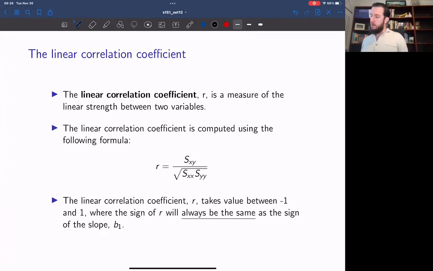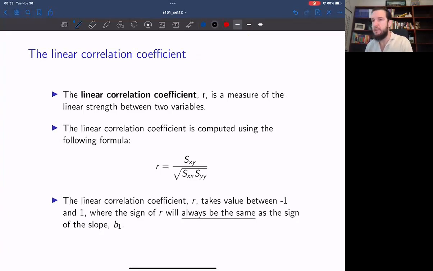To compute the correlation coefficient, we take Sxy, which we had learned about earlier, and then we divide by the square root of Sxx times Syy. The correlation coefficient isn't technically a diagnostic measure, even though I described it as one before.